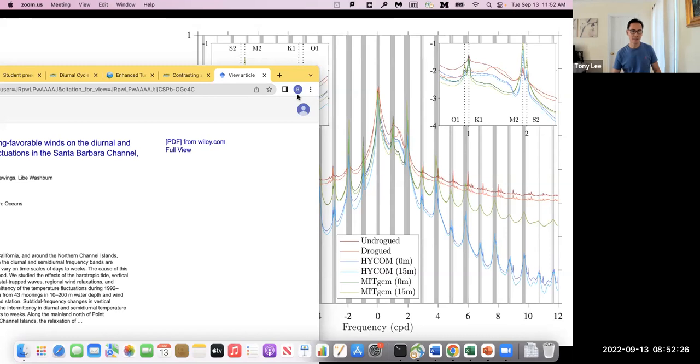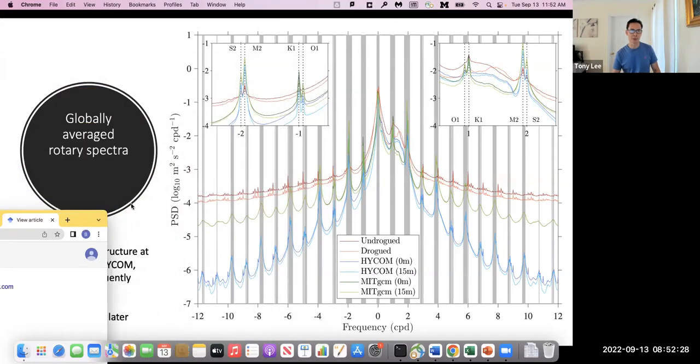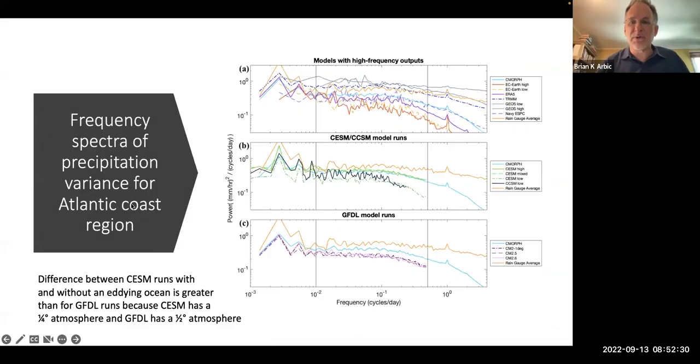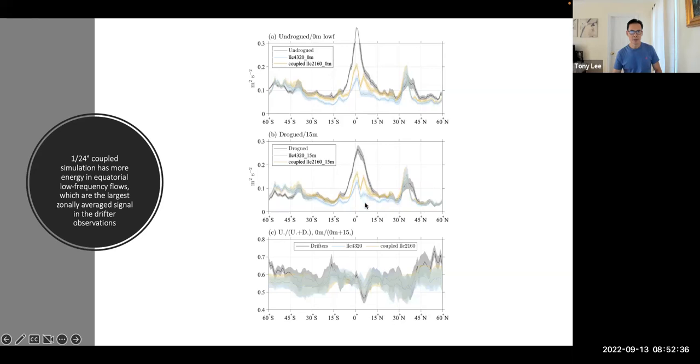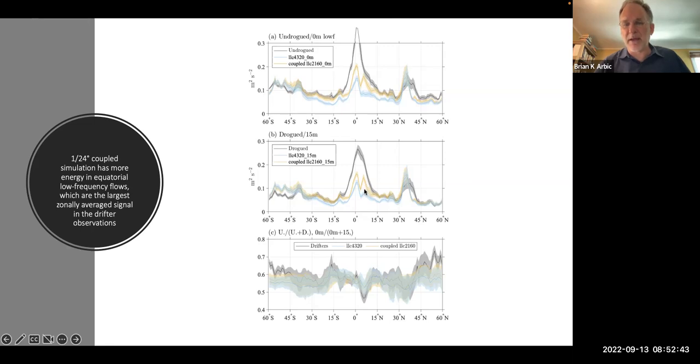Hi, Brian. Let me try to remember what I said to you. I think I was referring to the high frequency precipitation effect that may not have been captured by the models. You were referring to this thing right here, the near equatorial but north of it, right, Pacific, where the coupling in the MIT GCM made the biggest difference.